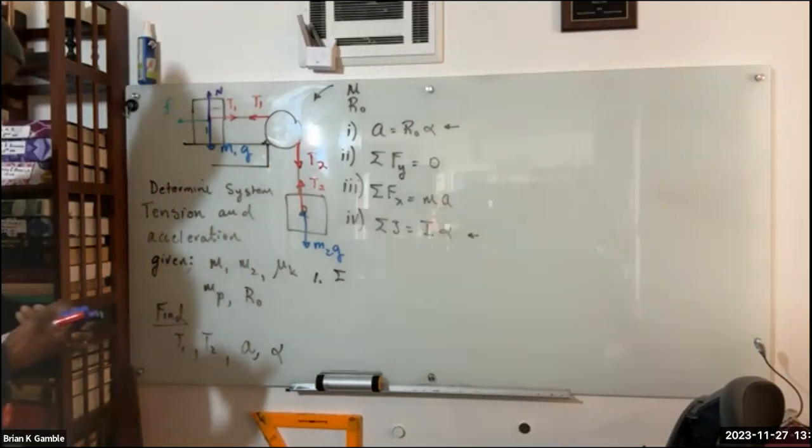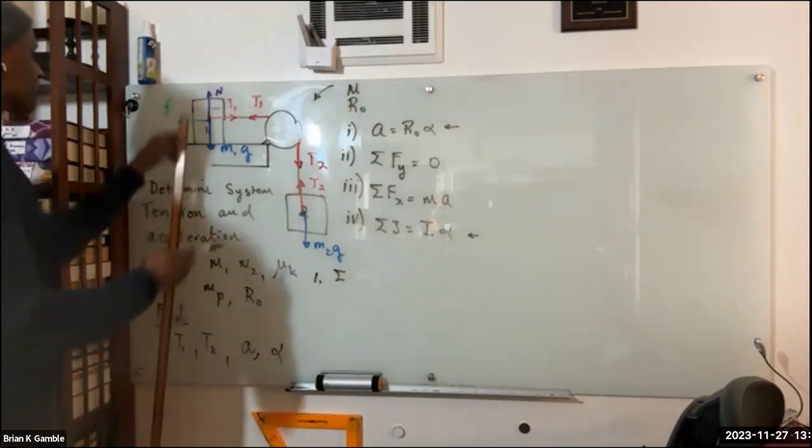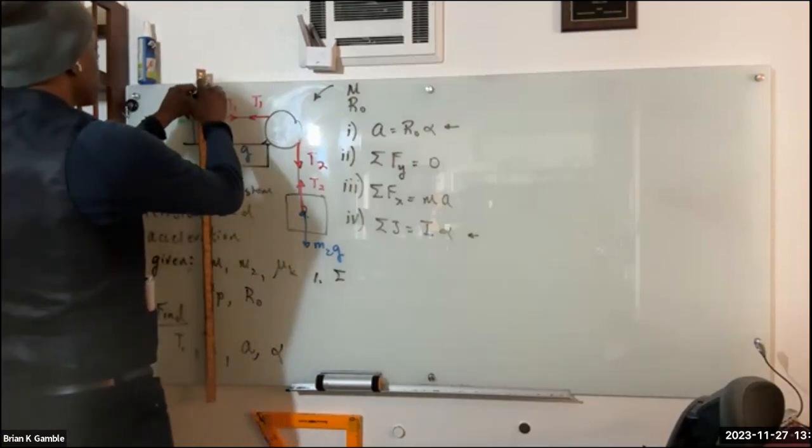All right, well, I want to make it black then. We've got an axis like this.